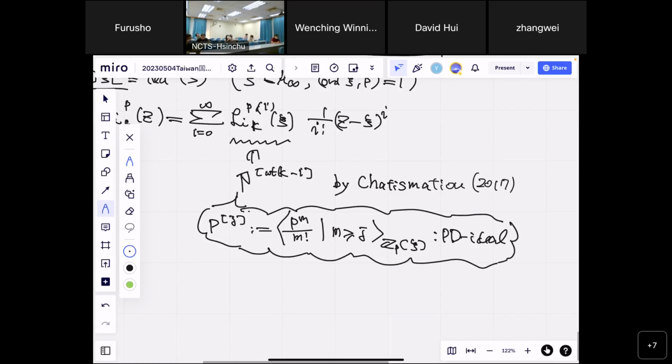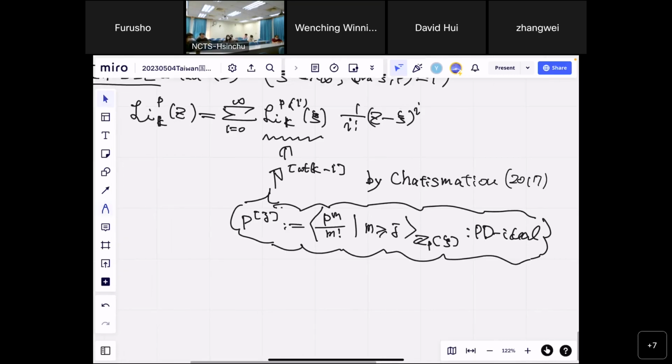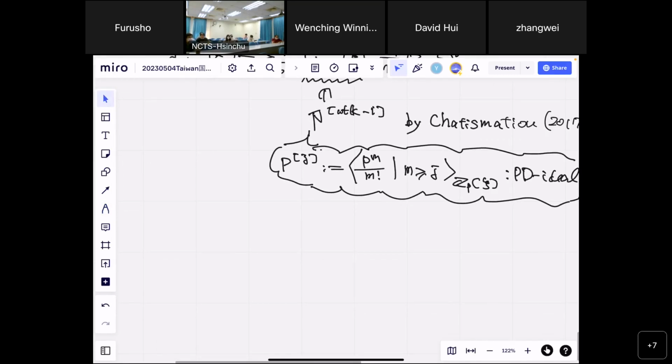Such that the differential of the p-adic multiple polylogarithm at roots of unity belongs to the power of the PD ideal. This is the result shown by Kajismachi. This is the submodule generated by this one. By using this, and by using Kajismachi's result, we can show the convergence. We can check the convergence.